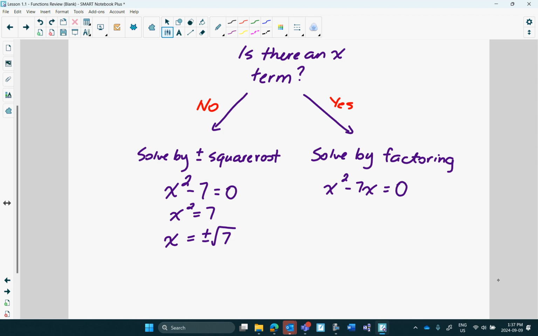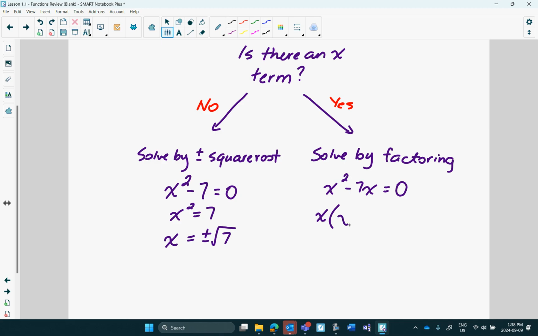Well, it's not a trinomial, so there's only one type. It's not a difference. Well, you could treat it as a difference. No, I'm not going to get into that. GCF. Stick with GCF. So I can factor out an x, and I'm left with the other factor.